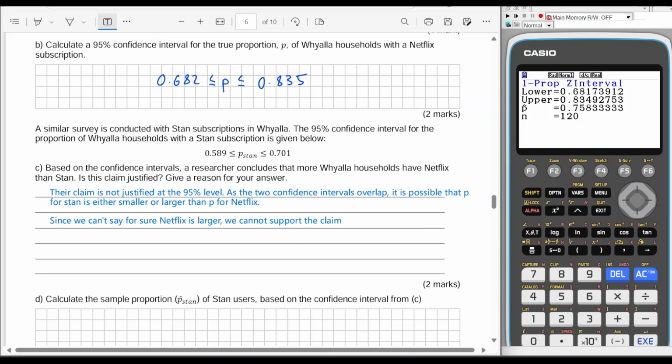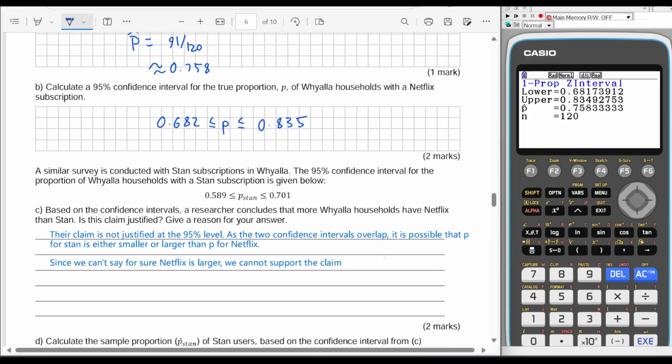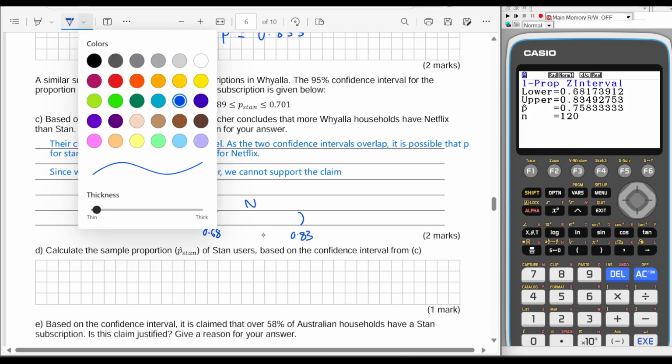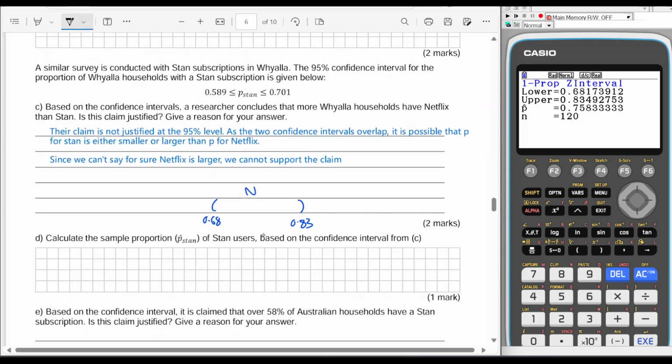And just to draw a little picture. If you've got your 2 confidence intervals, you've got 68 to 83 for the Netflix, so 0.68 all the way up to 0.83. And for the Stan, you've got 0.58 up to 0.70.